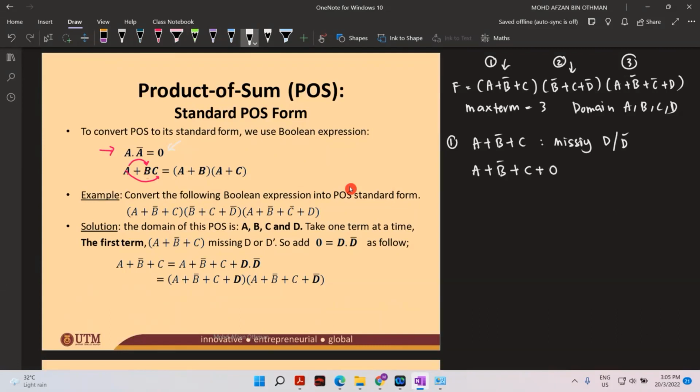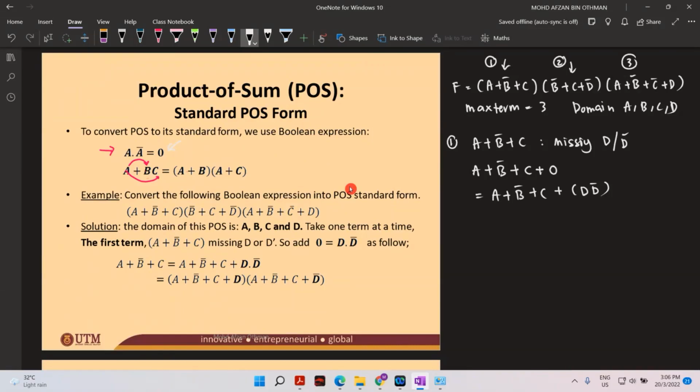Betul tak? Okay, so this kosong here kita replace dengan rules yang ni, which is dia akan dapat A tambah B bar tambah C tambah dengan D bar.